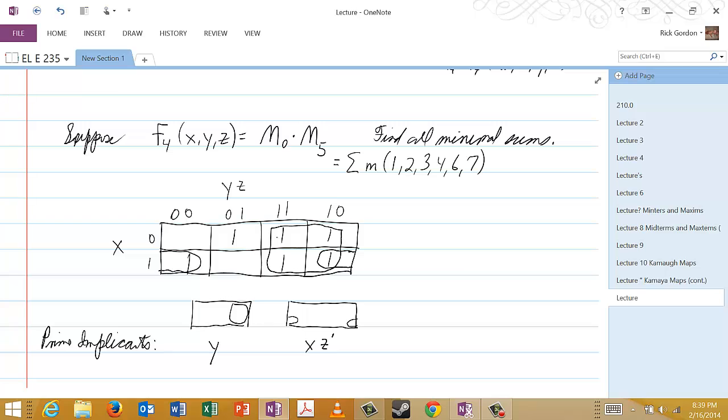And now we go to the last grouping of 2 that is not entirely contained within one of the prime implicants we've already identified, and it's this one here that we've just circled. I'll draw a sketch for that.